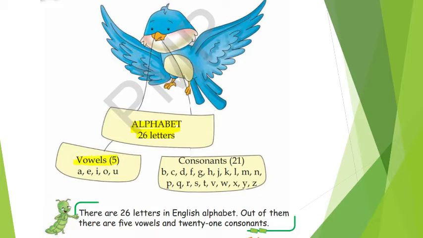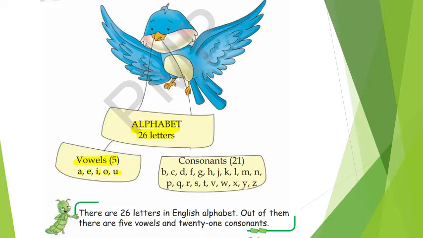How many? 5. And they are A, E, I, O, U. I repeat, there are 5 vowels: A, E, I, O, U.